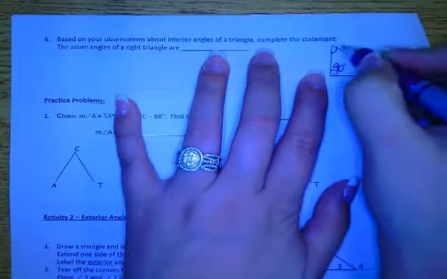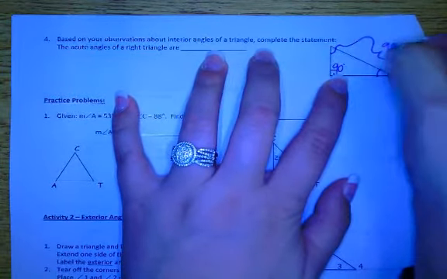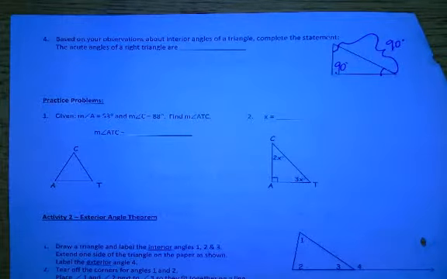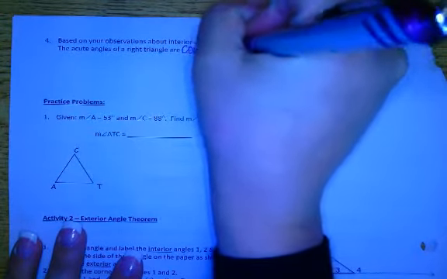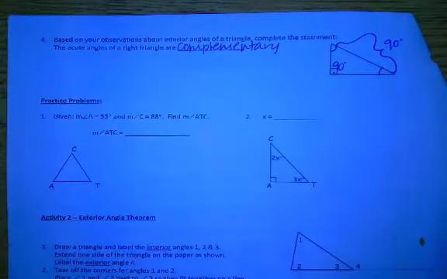Which means these two added together have to equal 90. So those two angles would not necessarily be 45 and 45, because you could have 30 and 60. What do we call that? Complementary. Remember, complementary angles add up to 90. Supplementary angles add up to 180. Very good.